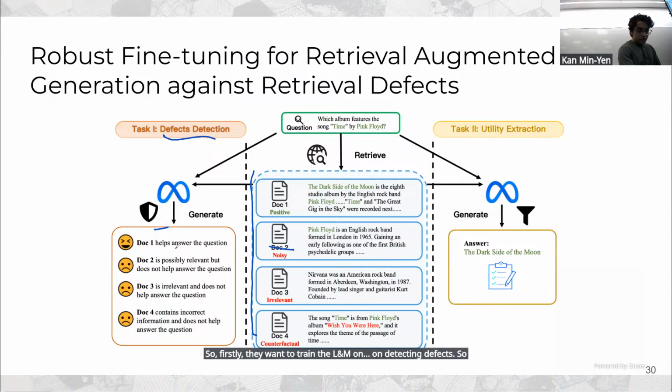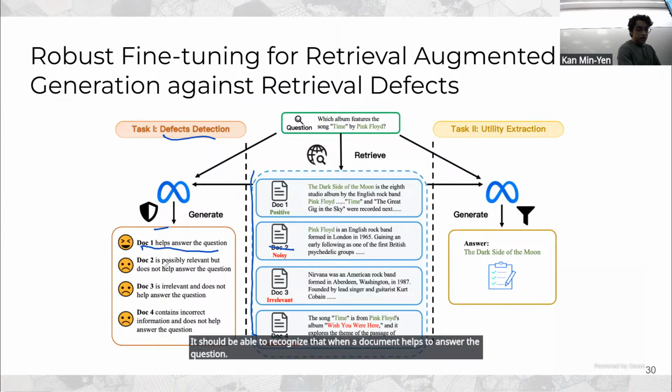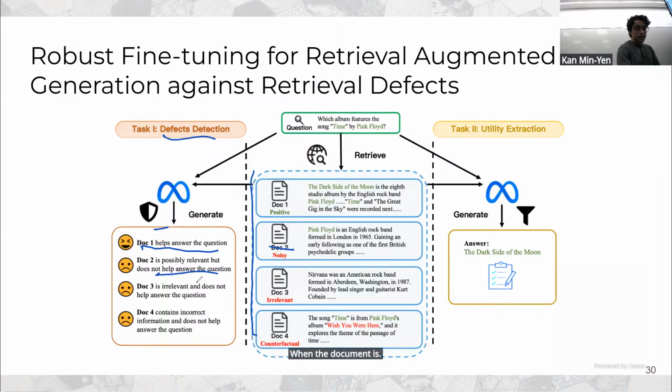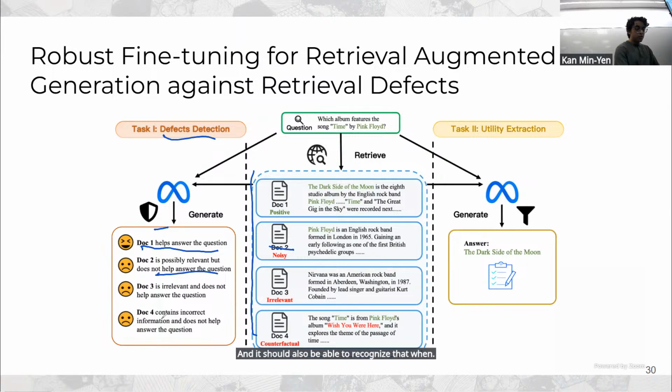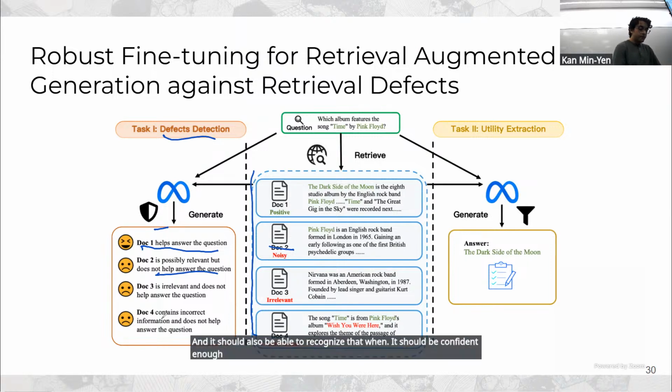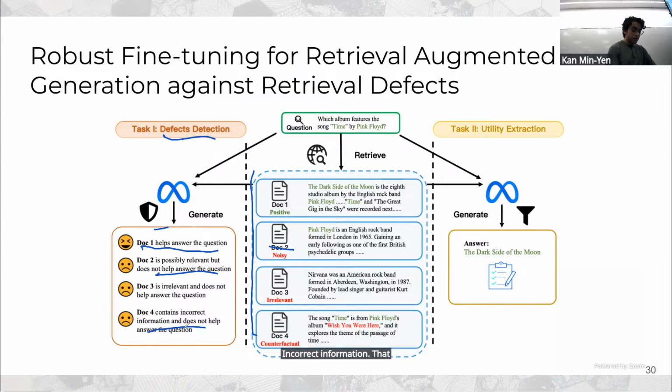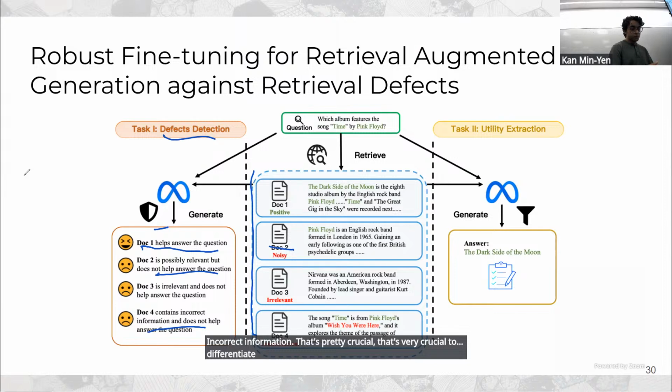As you can see over here, it should be able to recognize when a document helps to answer the question, and when the document is possibly relevant but does not help to answer the question. And it should also be able to recognize when it should be confident enough to say that a document contains incorrect information. That's pretty crucial to differentiate the truth from the false.